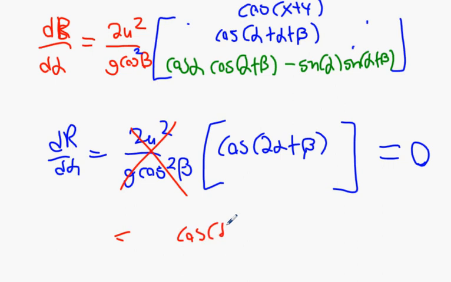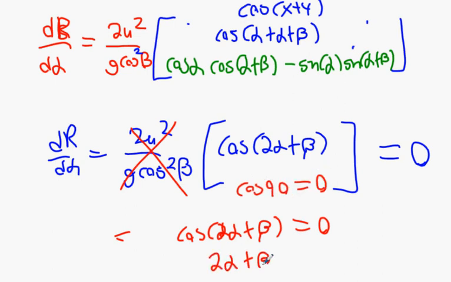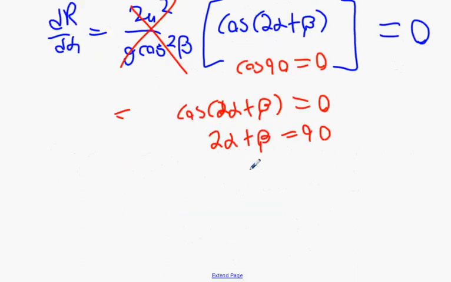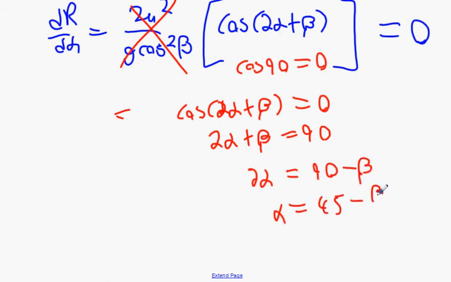And we know that cos 2 alpha plus beta equals 0. Cos 90 degrees equals 0. This must mean that 2 alpha plus beta equals 90 degrees. Bring over the beta. 2 alpha equals 90 minus beta. Alpha equals 45 minus beta all over 2.